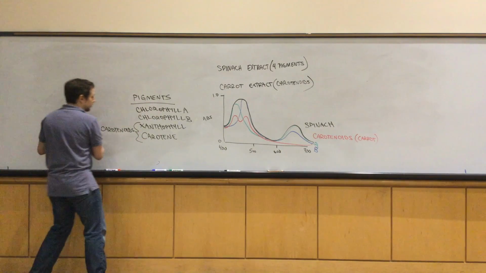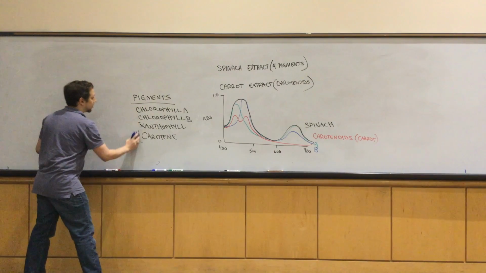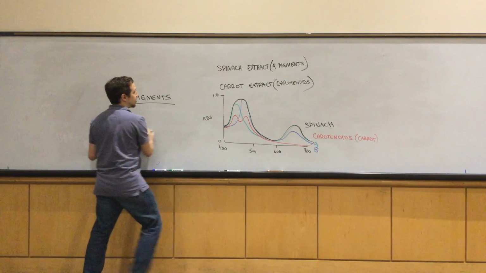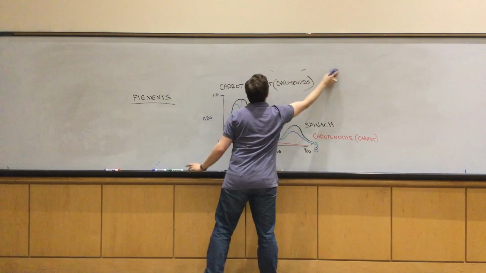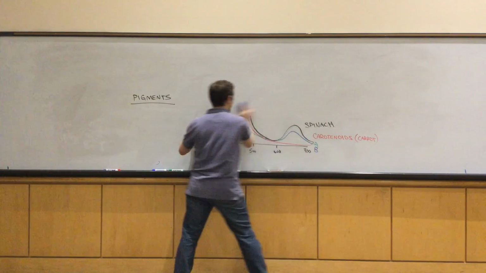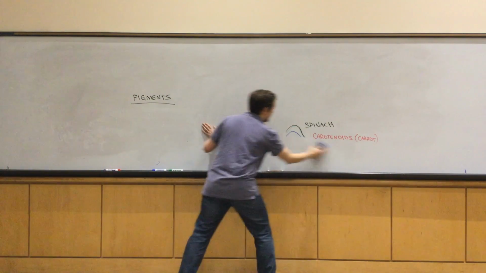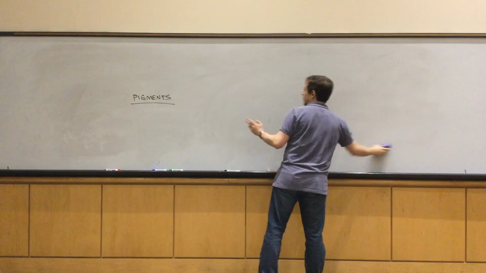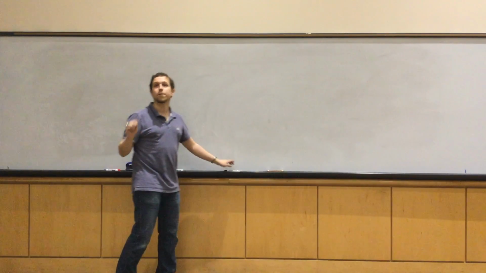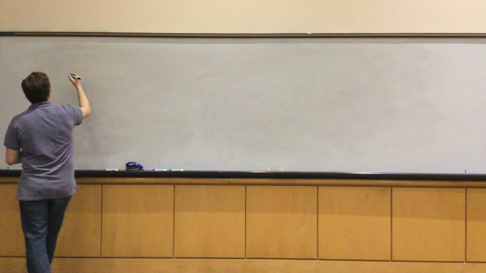Okay? All right, so now that we've established that, we also want to separate these pigments, and to do that, we're going to perform a particular technique on them. This technique is commonly used in a variety of different ways to separate things based on different physical or chemical characteristics.